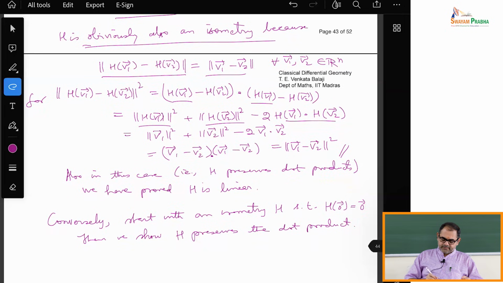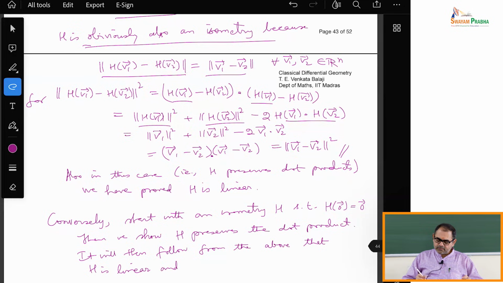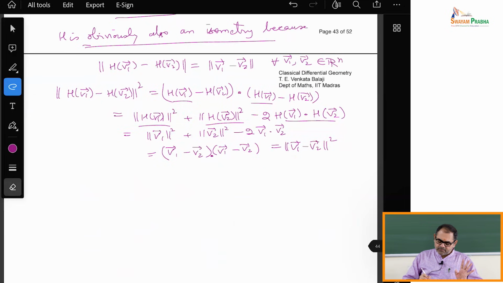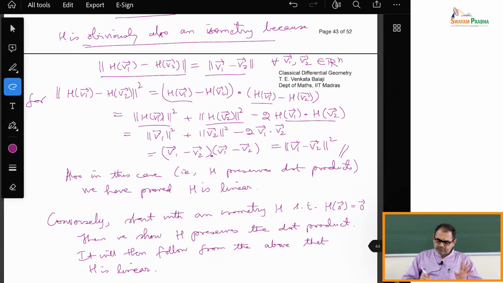It will then follow from the above that H is linear, and it will follow then that H is linear. That's all. That will come automatically.